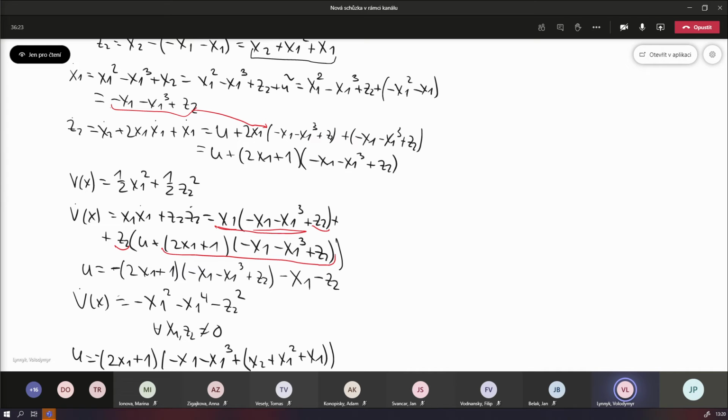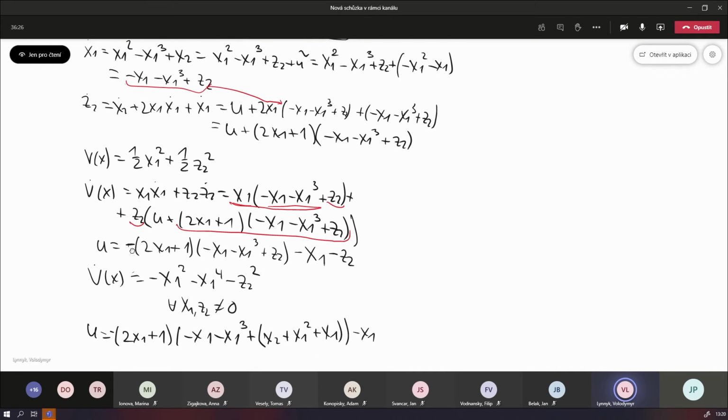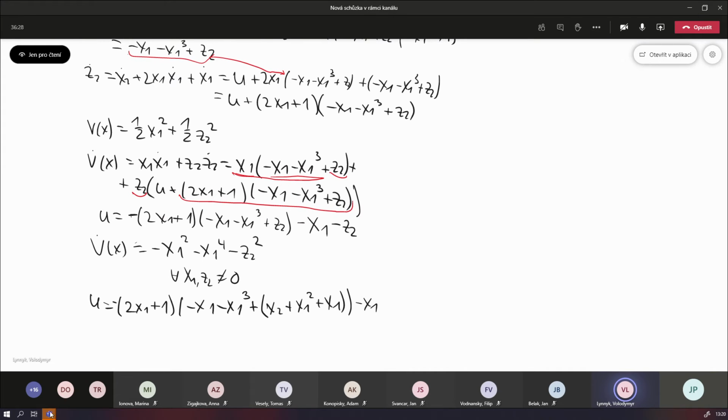And minus x1, and minus z2, and we know that z2 is x2 plus x1 squared plus x1. Here, for example, we cancel this term.